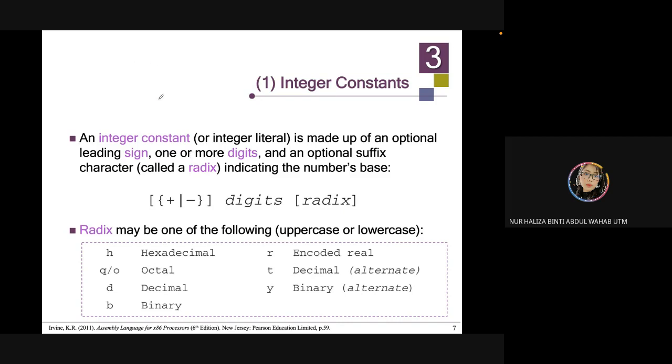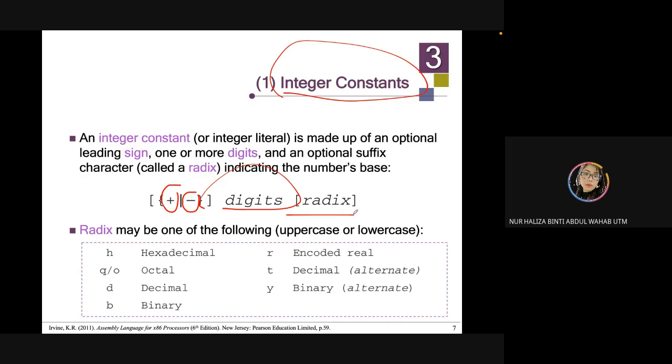There are several ways to write your numbering, which we will cover later. But first, under integer constant, you need to write the positive or negative sign, the digits, the value of your magnitude, and your radix.